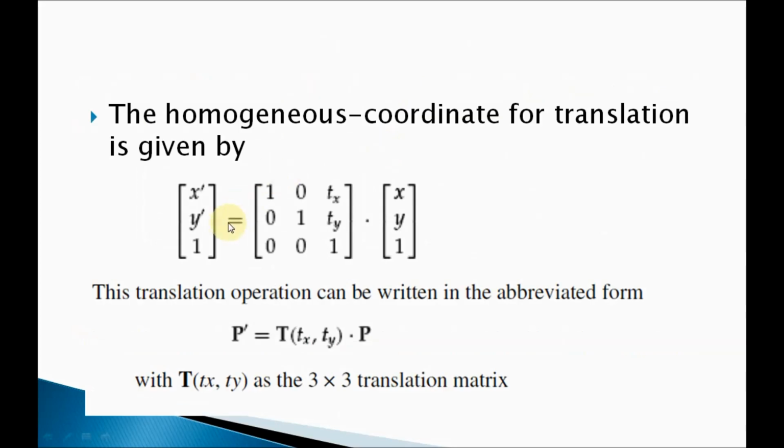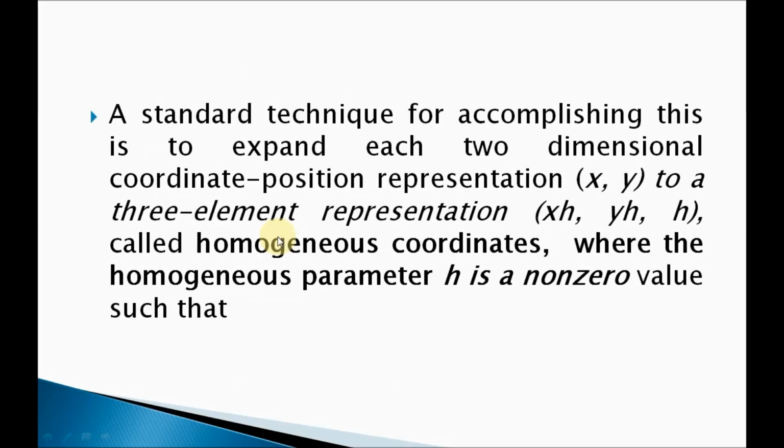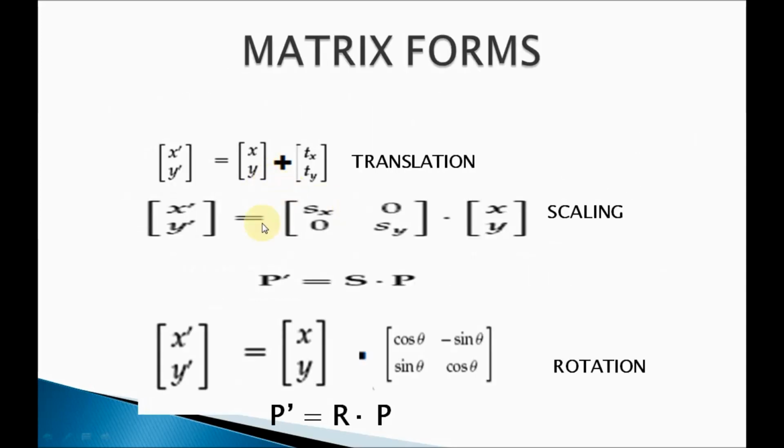In the same way for y dash: 0 into x, 0; 1 into y, y; ty into 1, ty. So y dash is equal to y plus ty. The value won't change.